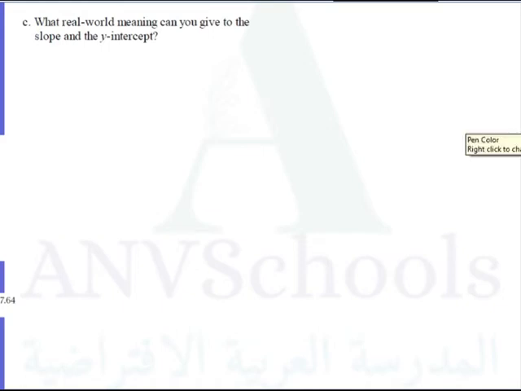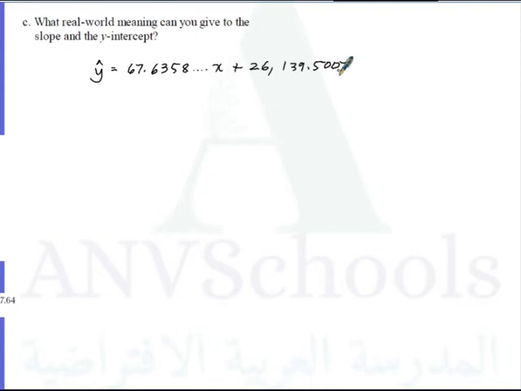So our regression linear function is y hat is equal to 67.6358 x plus 26,139.5007.